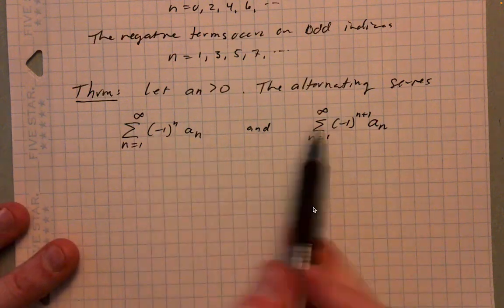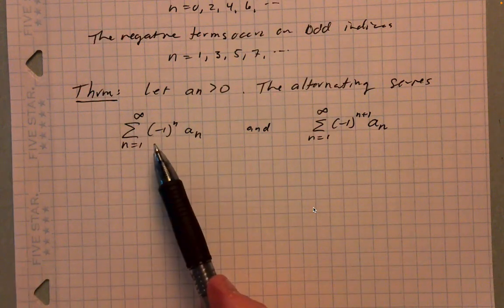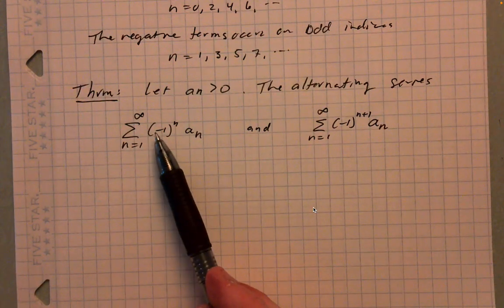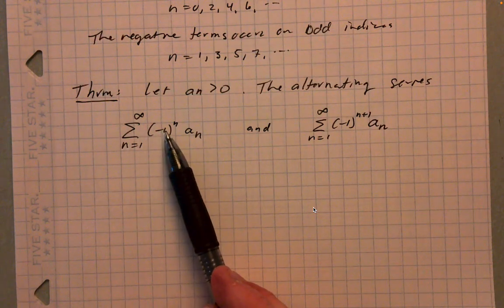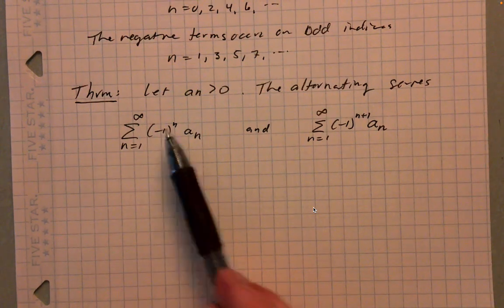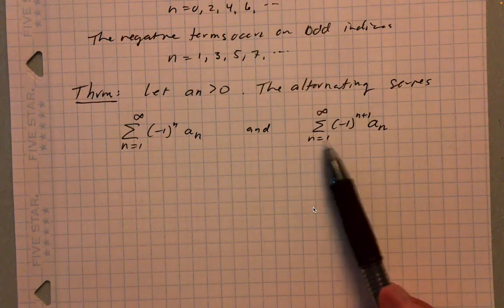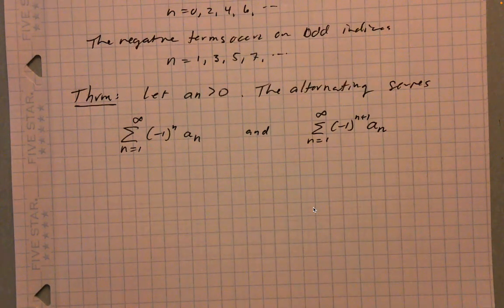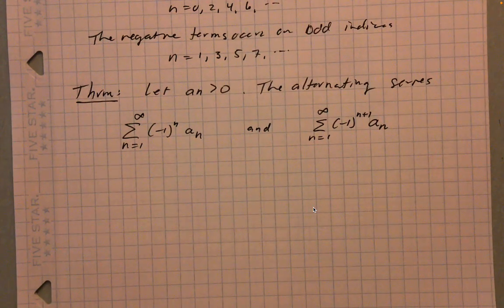The only difference between these two is that here you're going to have negative on odd terms, and here you're going to have negative on even terms. There's really no practical distinction between these two. You just have to be careful. The proof requires us to call this out a little bit, but fundamentally speaking, there's no major distinction in how you treat them.